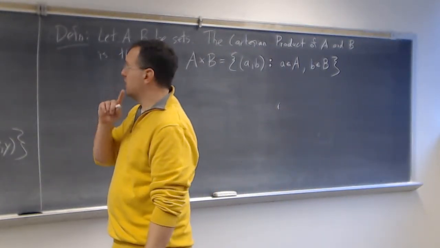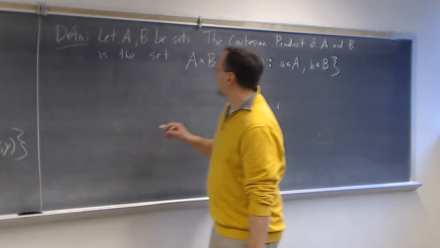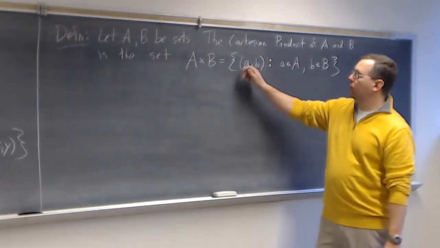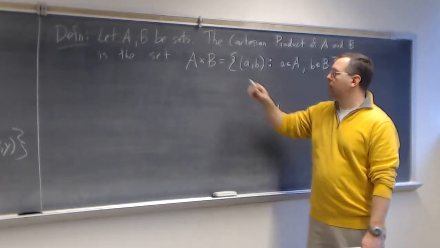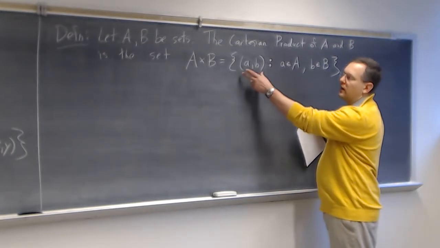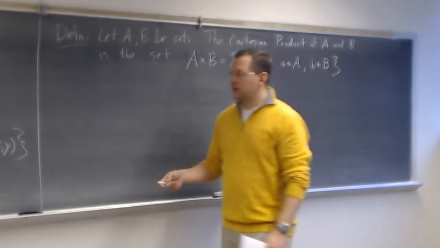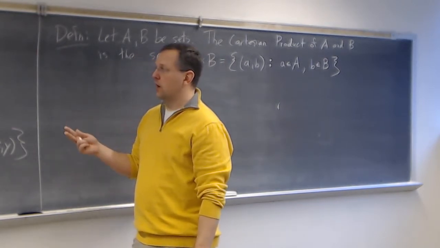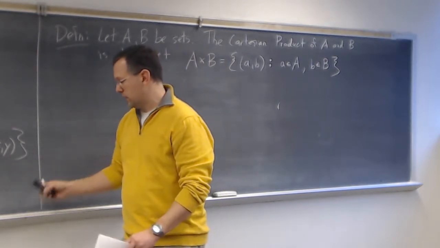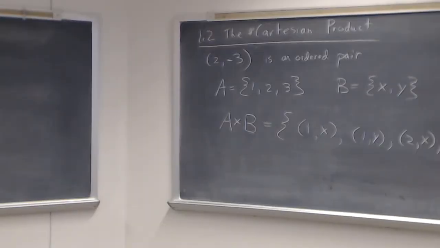Now let's talk about the size of this set. If all the first coordinates can be elements of A and all the second coordinates have to be elements of B, let's think about how many of these ordered pairs you can get. On the last example, my set A had 3 elements, set B had 2 elements, and A cross B, the product, had how many? 6.